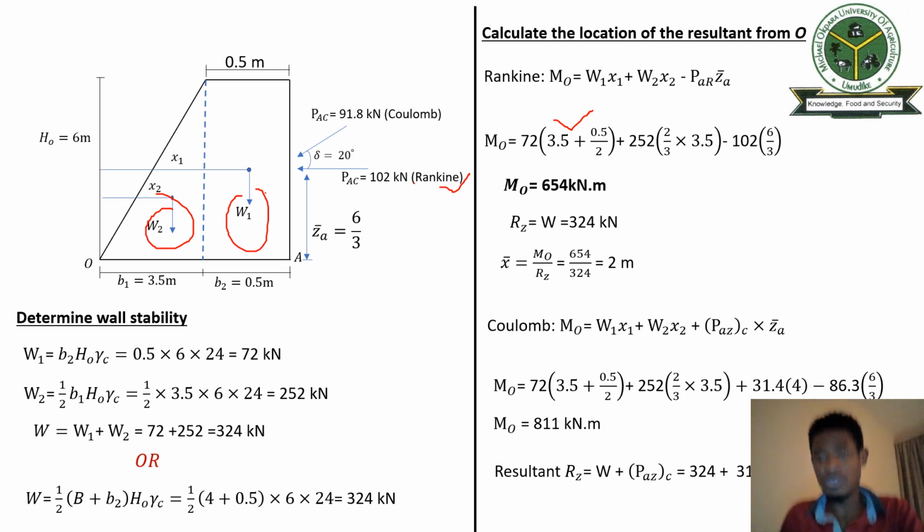The self weight of the wall is resisting the overturning, while P, the lateral earth pressure, is the one causing the wall to turn. So you can choose the sign convention in any way you want, but you just have to be consistent. The minus and the positive is just showing you the direction. It's not showing you that the force is negative. So at the end of the day, if you punch this in your calculator, you should be able to calculate this. I hope you understand this.